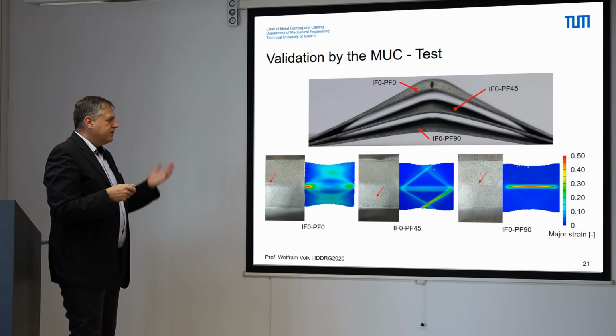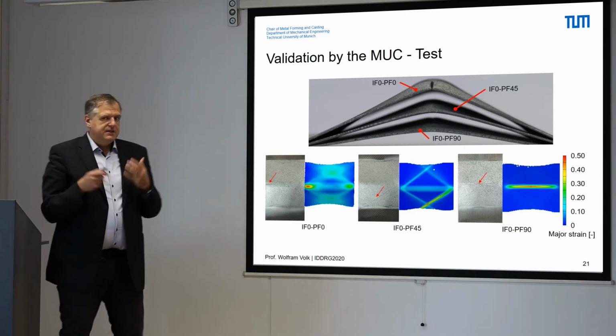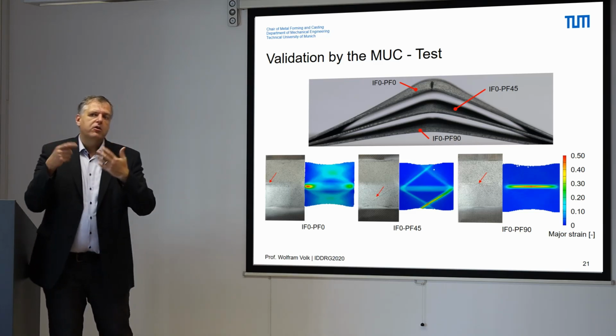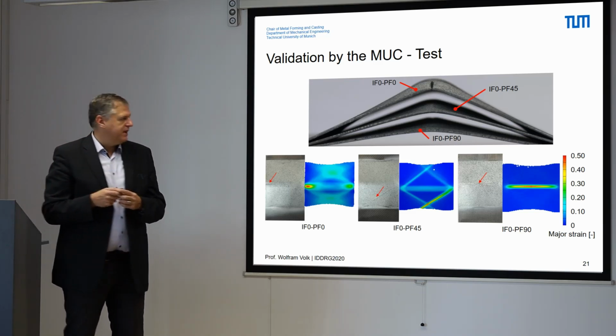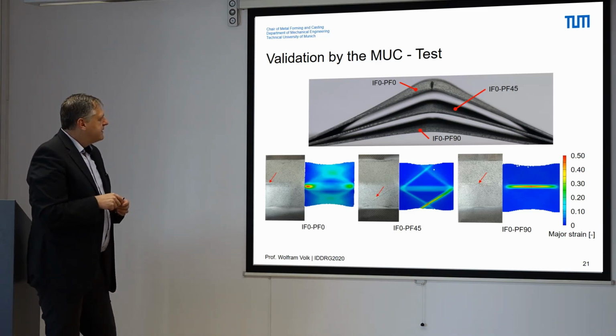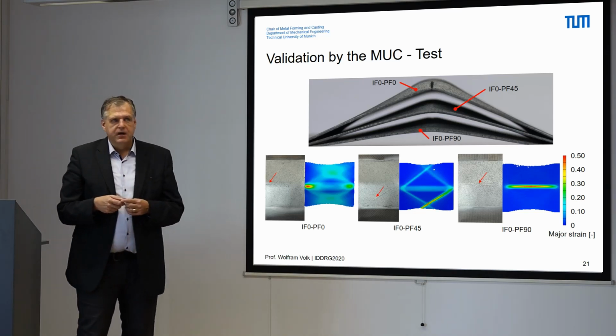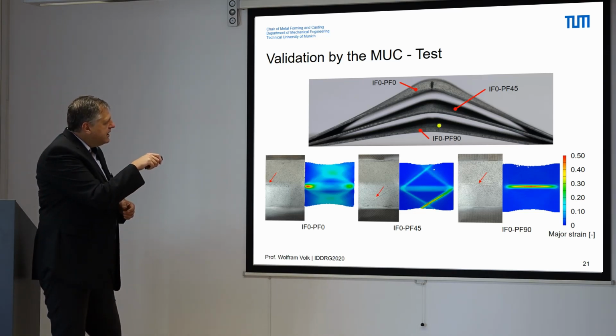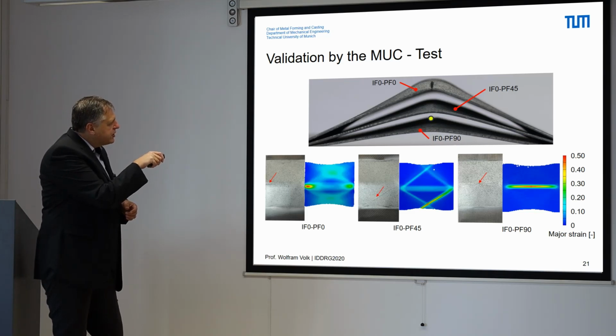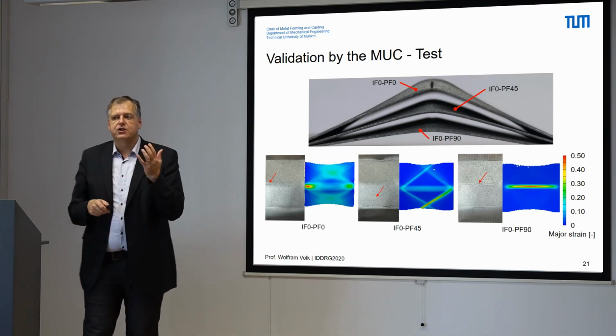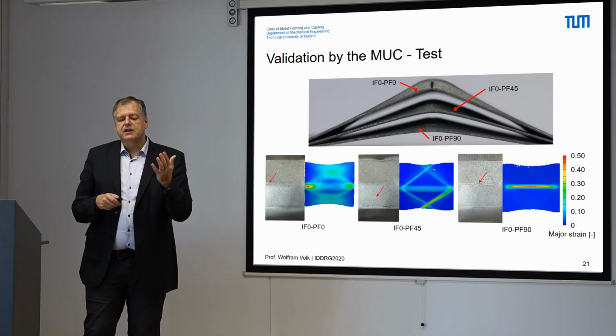What also came out of this test, which is more similar to industrial application, is that we have different points of failure and also different shear bands occurring. So you see here a really big change in the maximum height and also in the location where the localized necking is occurring.